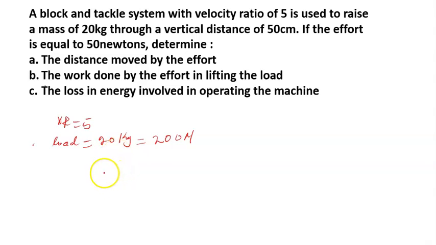The distance covered by the load is 50 centimeters, so I can have my load distance equal to 50 centimeters. Let's convert that to meters. In converting 50 centimeters to meters, we should have 0.5 meters.